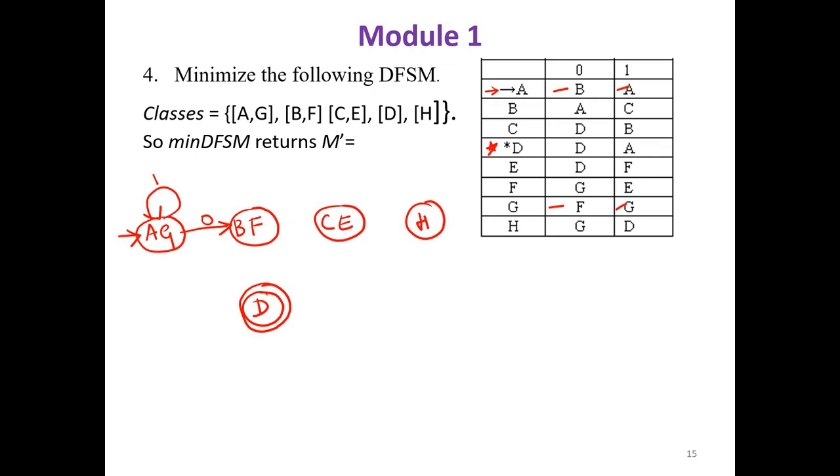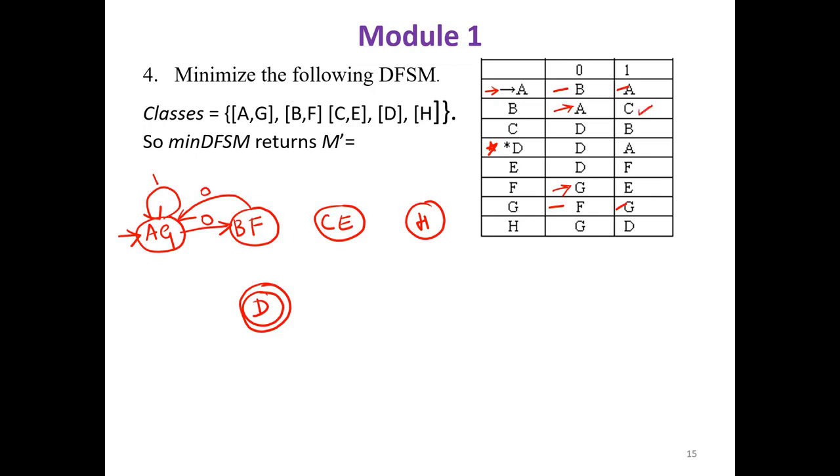Next coming to BF. B0 is going to A, F0 is going to G. So BF for 0 is going to AG.